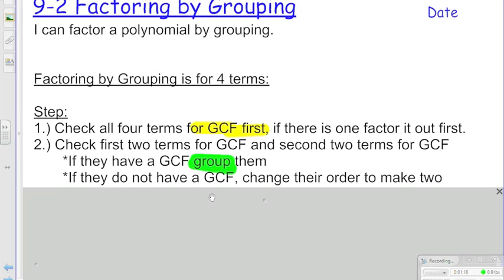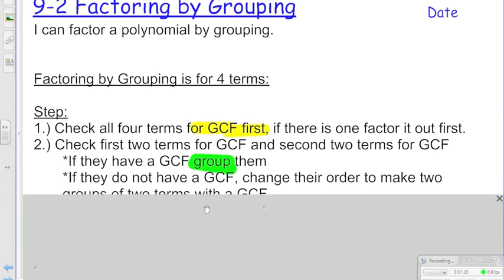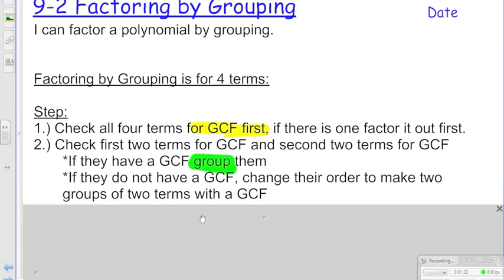However, if they do not have a GCF, we're going to have to change the order to make two groups of two terms with a GCF. That's the commutative property that lets us change the order of our terms.